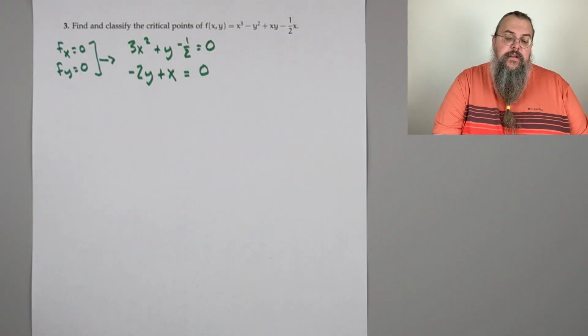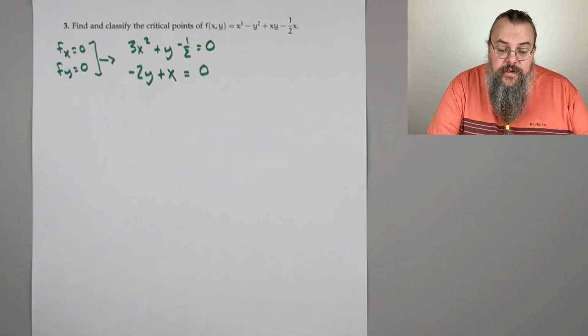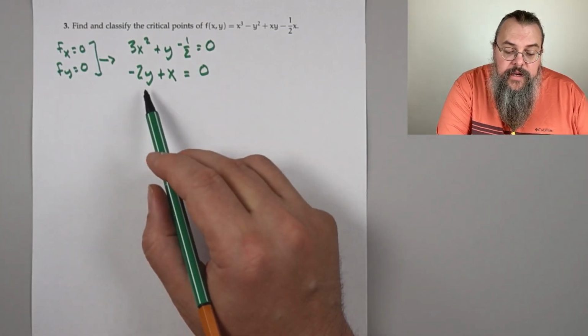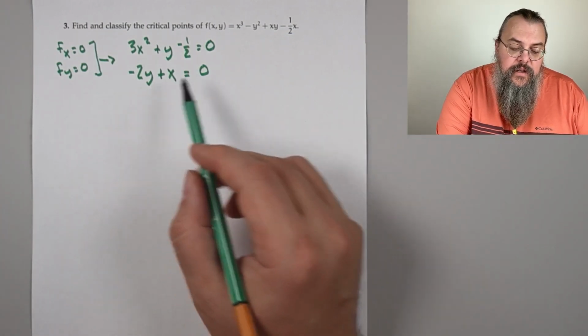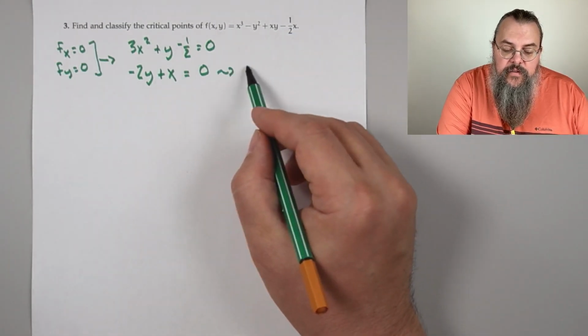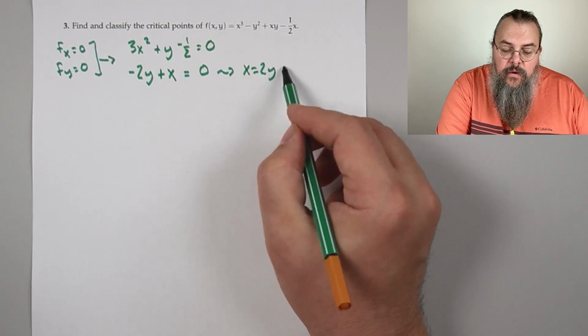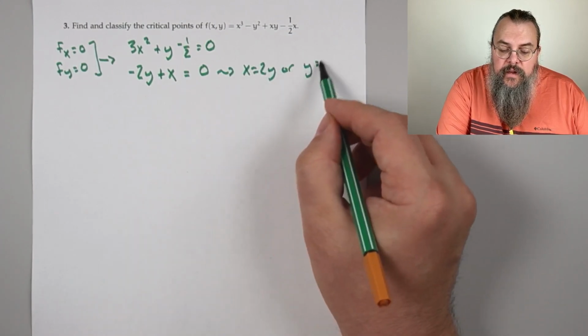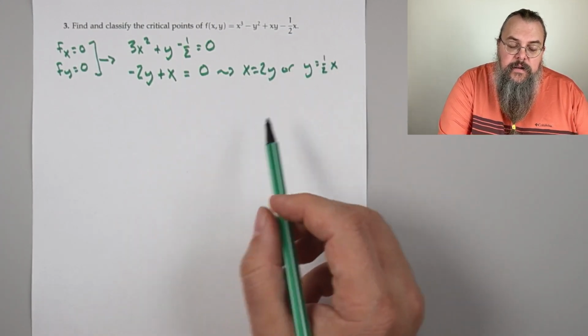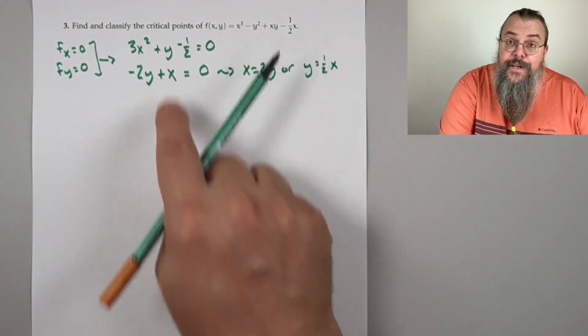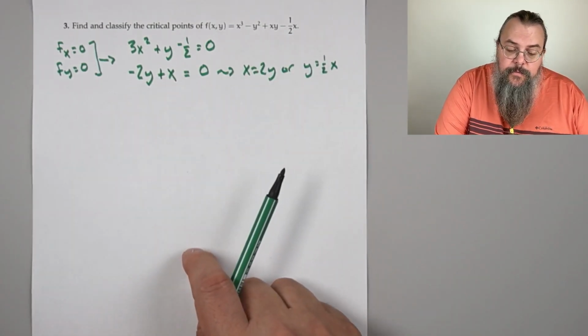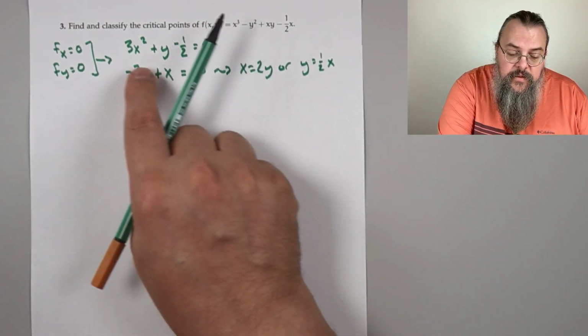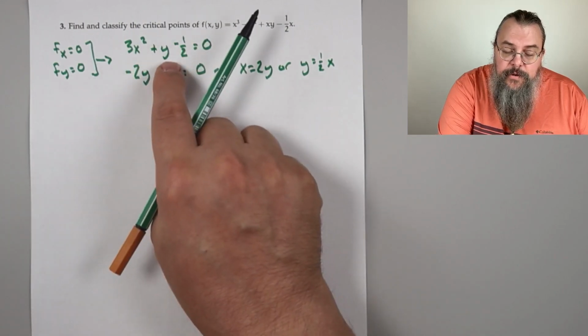All right. So, well, this is good. We now know that minus 2y plus x equals 0. So we can say things like, for instance, x equals 2y. Or we could also say y equals a half x. And we can use that to plug in. Now it doesn't really matter which one we plug in, but since I have an x squared, let's go ahead and replace the y.